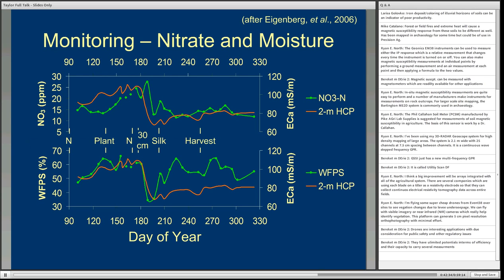Here on this slide is a whole series of apparent conductivities. These orange lines are apparent conductivities measured from end of March through to end of November in a test corn plot that they have at Clay Center, Nebraska. I'm sure Roger is aware of how much conductivity changes with temperature.